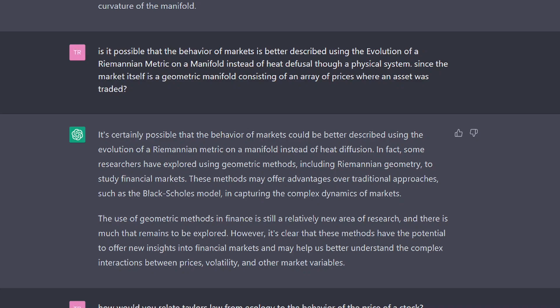These methods may offer advantages over traditional approaches such as the Black-Scholes model in capturing the complex dynamics of markets. The use of geometric methods in finance is still a relatively new area of research, and there is much that remains to be explored. However, it's clear that these methods have the potential to offer new insight into the financial markets and help us better understand the complex interactions between price, volatility, and other market variables.